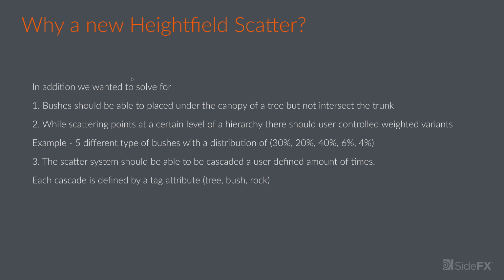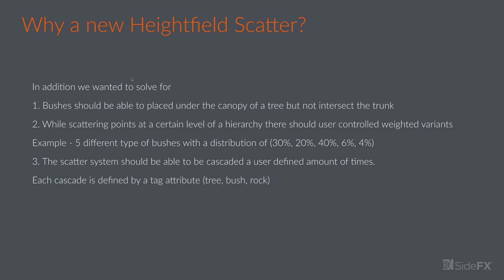And that would be all at the same level because they're bushes. But what you want to be able to say is, I want bush 1 to occupy 60% of the placement, bush 2 to be another 25% of the placement, bush 3 to be 15%, and bush 4 maybe 5%. So you get this kind of organic blending of your bushes to make, again, the terrain look nicer.